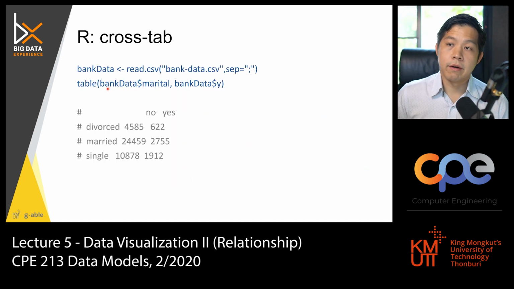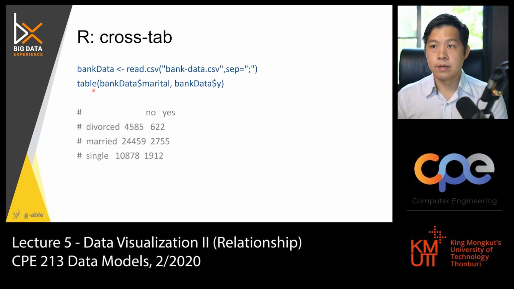You can use the function called table, and it will generate the cross tabulation between two variables. But for now, I'm going to import the data in here, the bank data.csv.